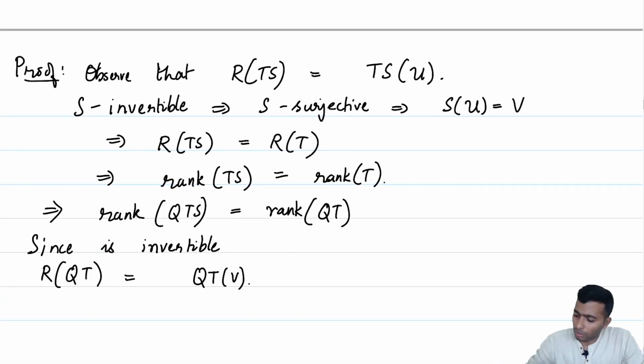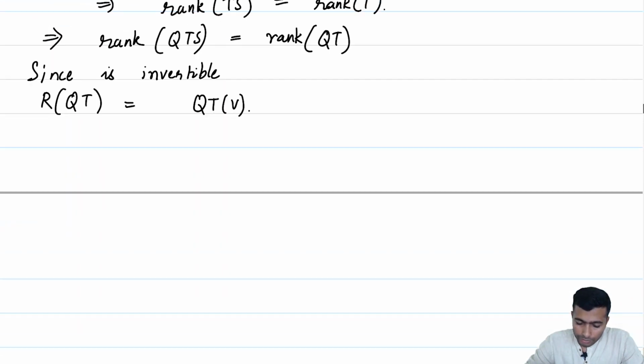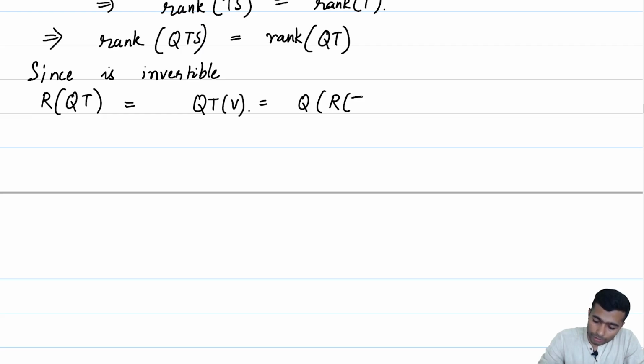Here T is a map from V to W and Q is a map from W to Z. So T of V is a subspace. So this is basically Q of the range space of T. Q restricted to T of V will map isomorphically onto its image, right?